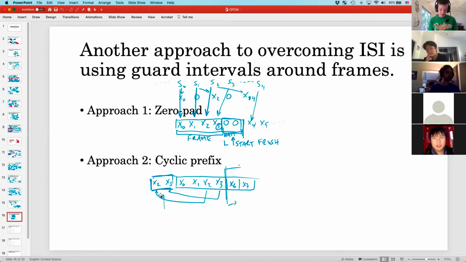The goal behind cyclic prefixing is, one, it actually works better with the DFT that we're going to use, and two, it has the effect of reducing the chance of a steep or sharp change between whatever x3 was and a 0 signal, because the change on average between x3 and x0 tends to be less, so you get fewer discontinuities, which means you get less bandwidth spread.